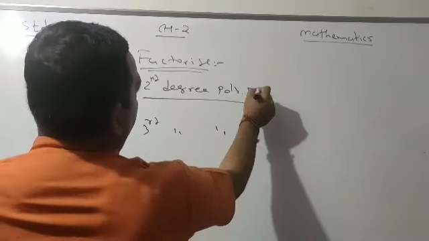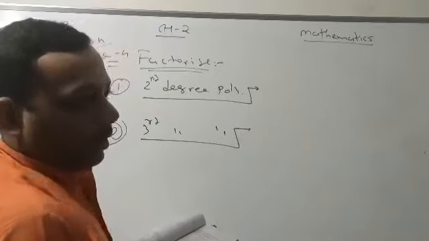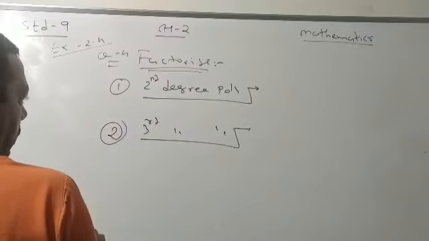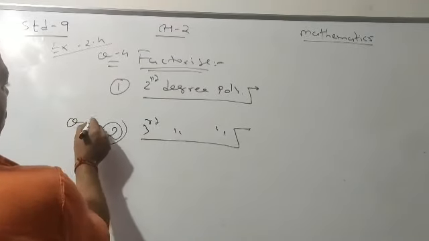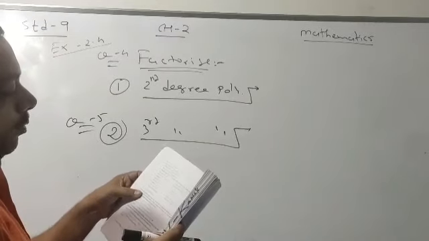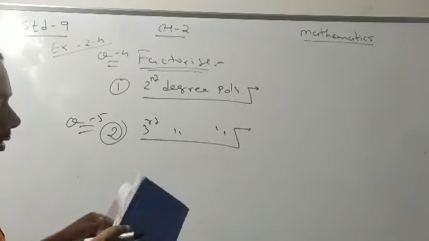Second degree polynomial has a different approach and third degree polynomial has a different approach. Second degree polynomial is covered under question number 4 and third degree polynomial is covered under question number 5. Observe question number 5 also. All the polynomials are cubic polynomials and in the fourth question all are quadratic polynomials.